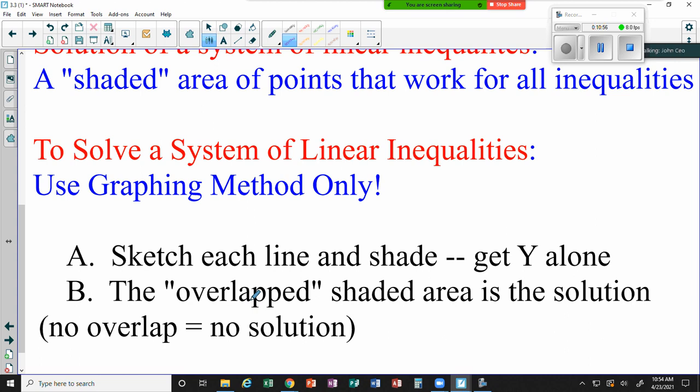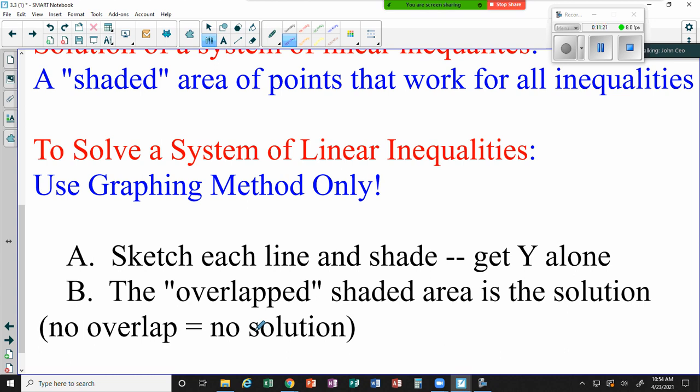So this usually comes when we have parallel lines. Eventually, lines, if they're not parallel, will intersect. So eventually, you will have some shaded overlap, even if it's not necessarily on the graph. But if they're parallel and they go in opposite directions, then there's no overlap. You can have parallel lines that have a solution, right?